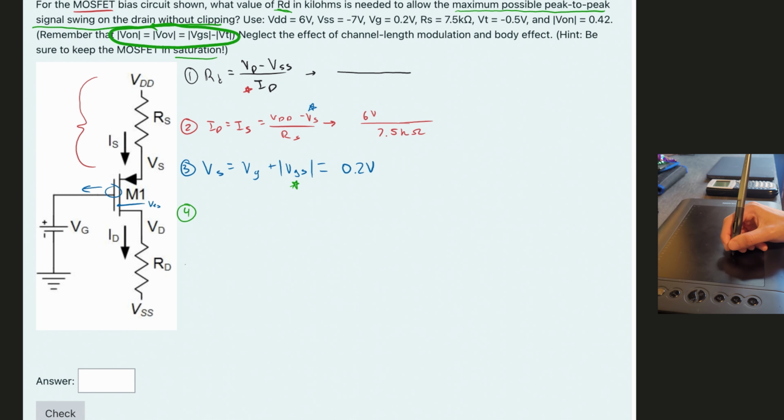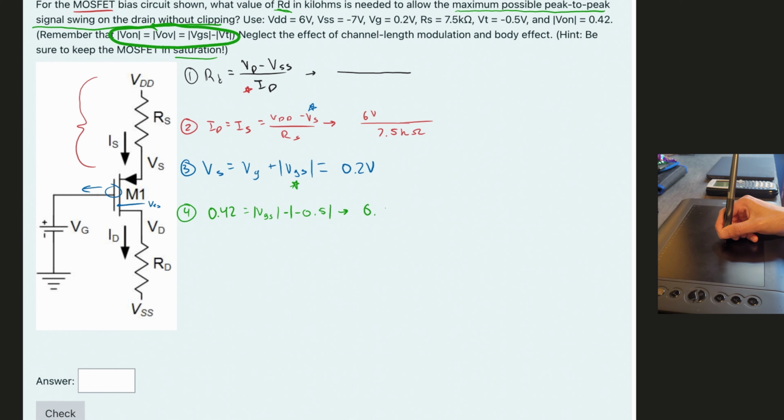We have our VON, which is 0.42, and that's equal to the absolute value of our VGS, which we want to find, minus the absolute value of our VT, and our VT is given to us as negative 0.5 volts. So we are going to just add the absolute value of negative 0.5 to both sides to get it to cancel out on the right.